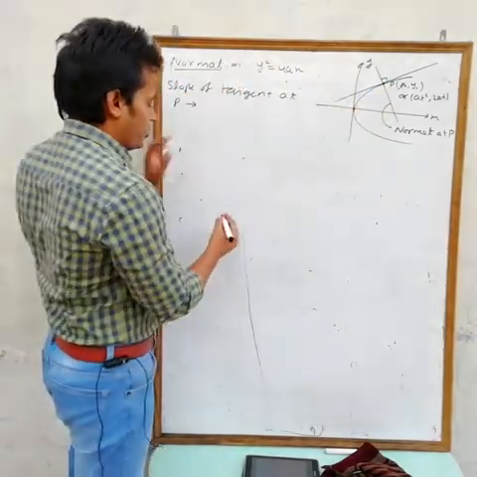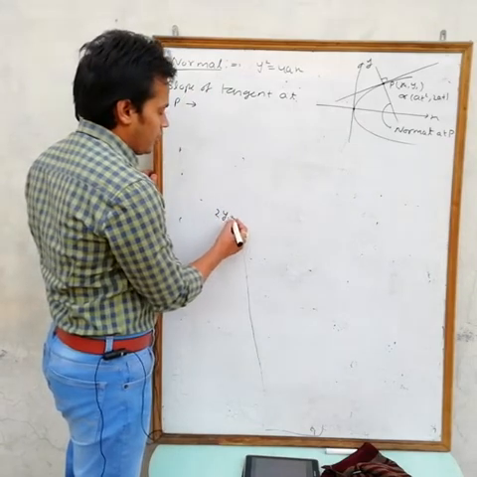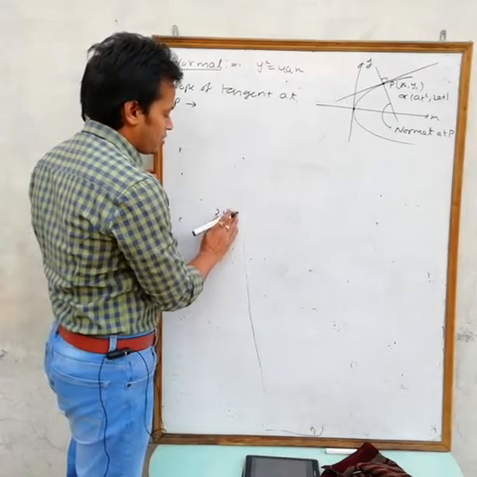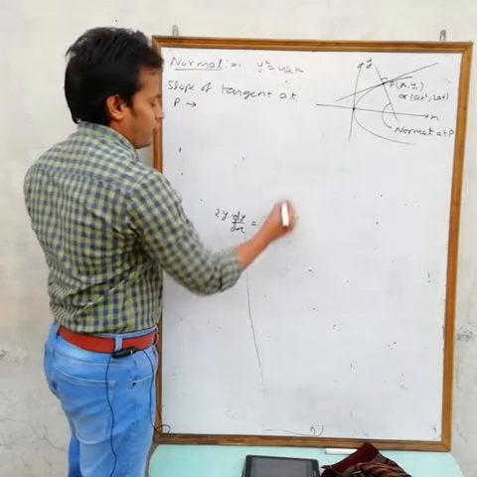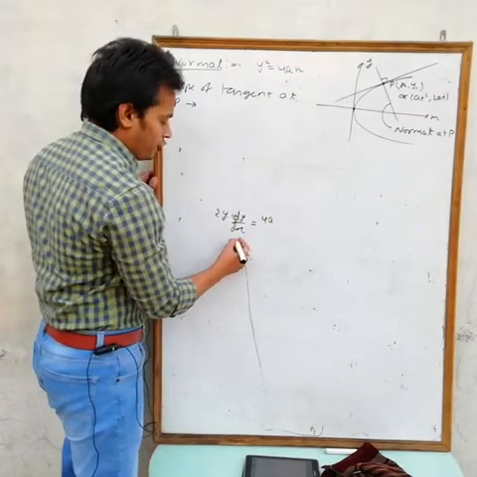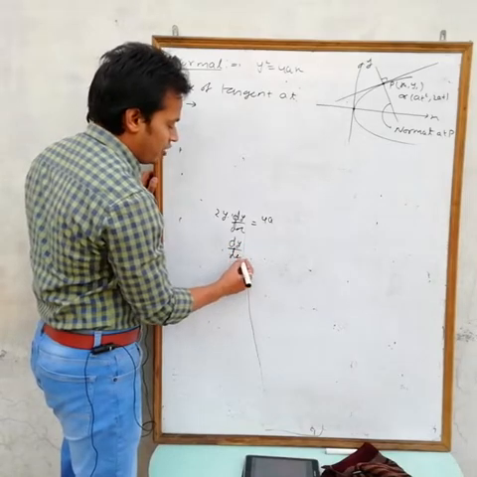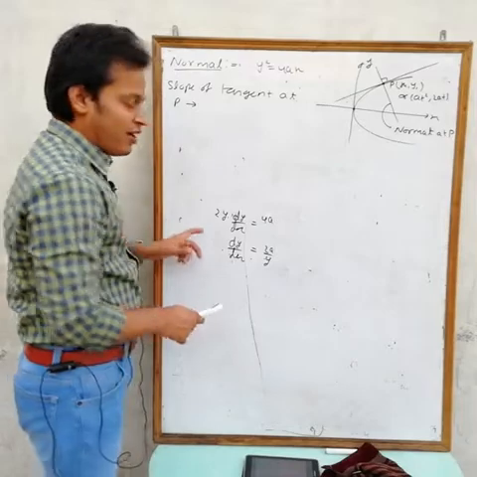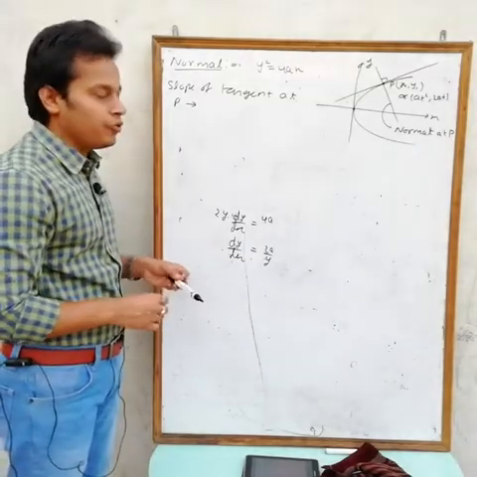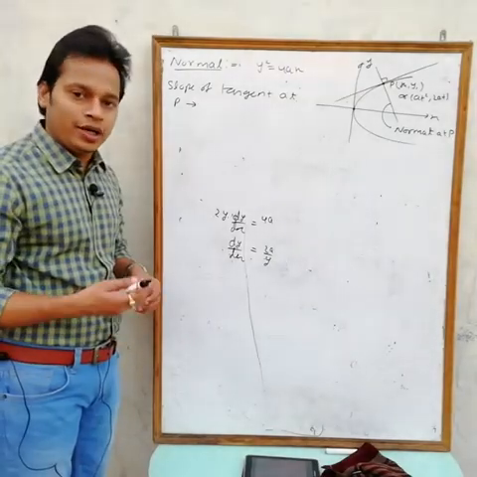So if you differentiate, what are we getting? 2y into dy by dx equals 4a. So from this I am getting dy by dx equals 2a by y. This dy by dx always represents the slope of tangent of the curve at any point.